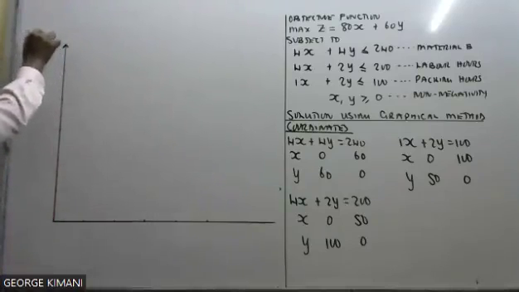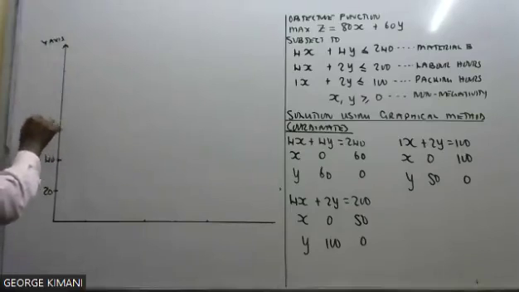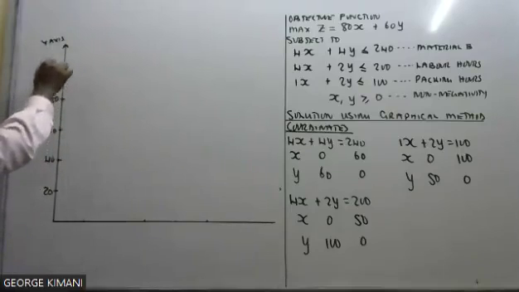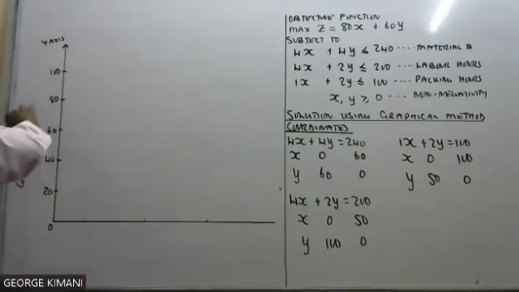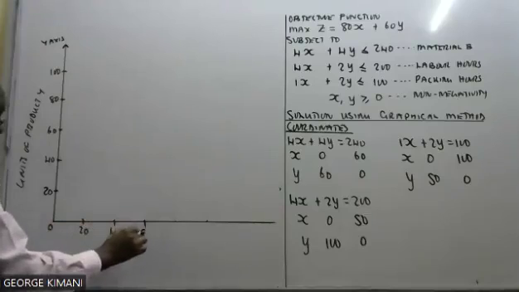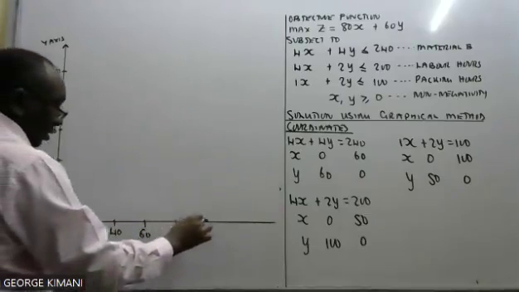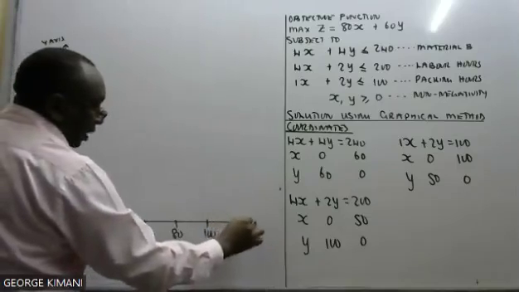So this is the y-axis. I have 20, 40, 60, 80, 100, and these are units of product Y. This is the x-axis.